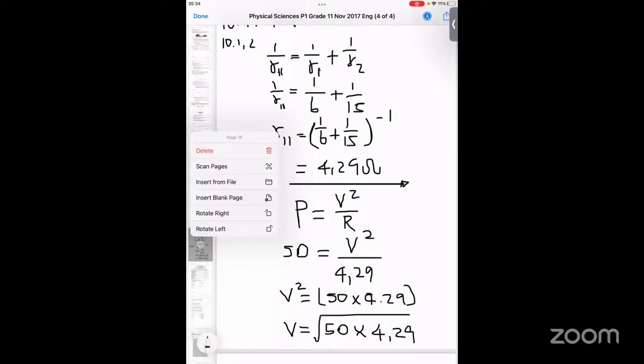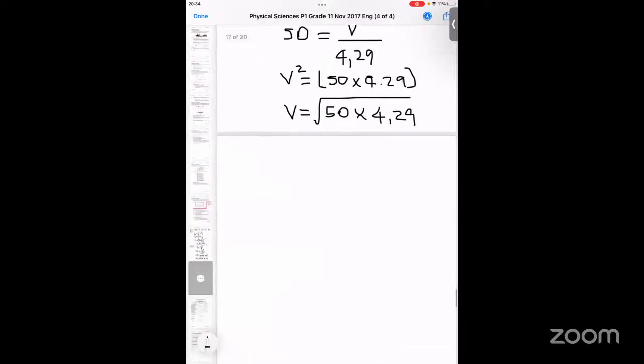The answer that you get must be in volts, and that's how you calculate it. So let me quickly punch on a calculator and see what I'm getting when I punch that.